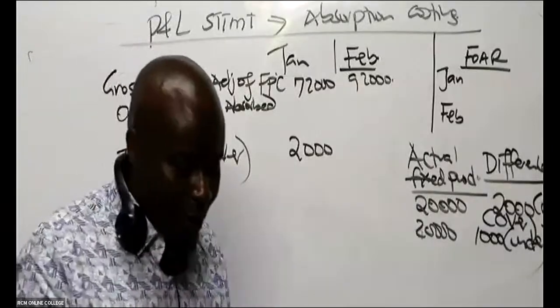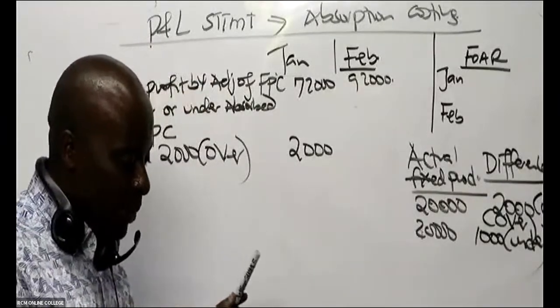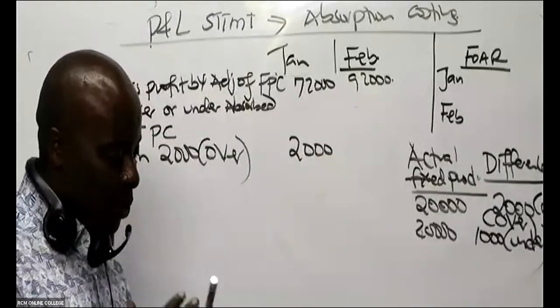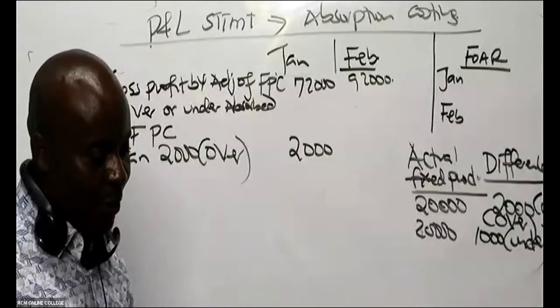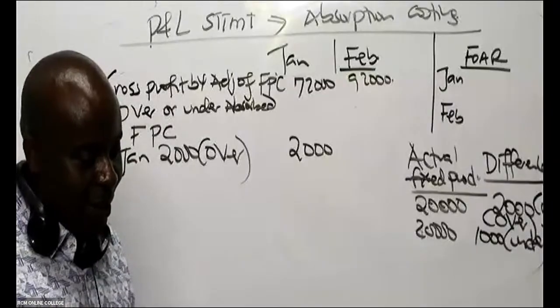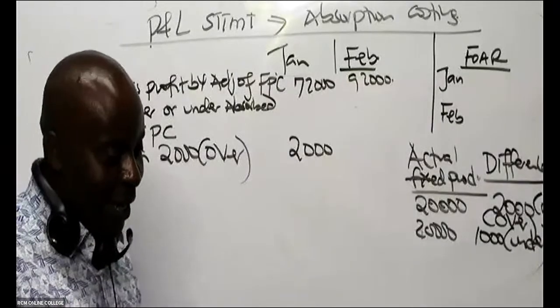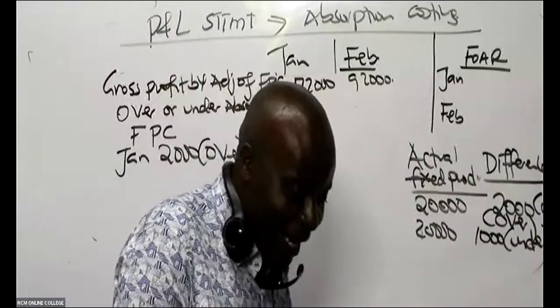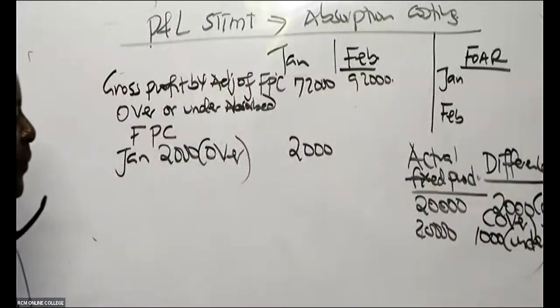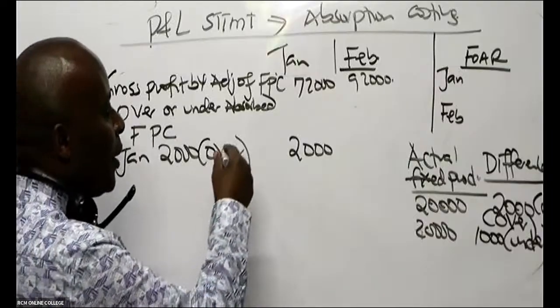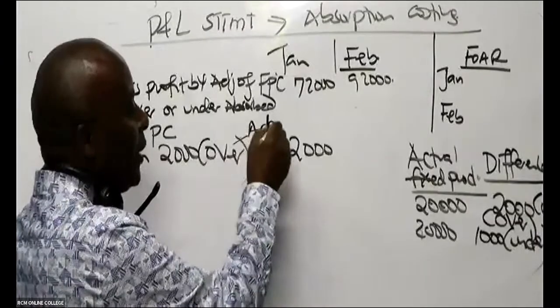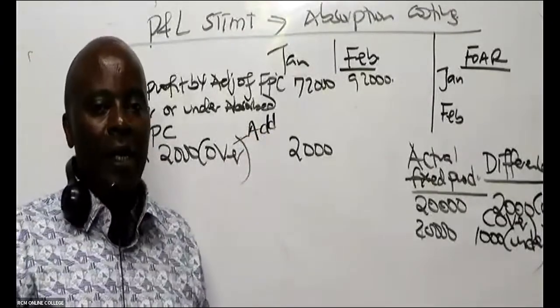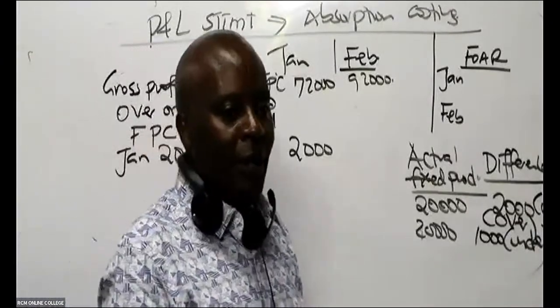Tell me add or subtract, or if you know nothing, tell me 'Sijui', a statement saying I know nothing. Add or subtract. In this case, whenever it is over, we shall always add. Over, we add. Ask me why.